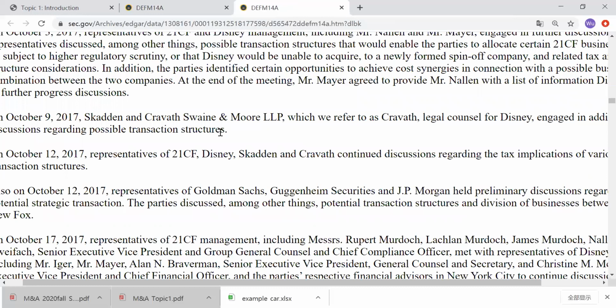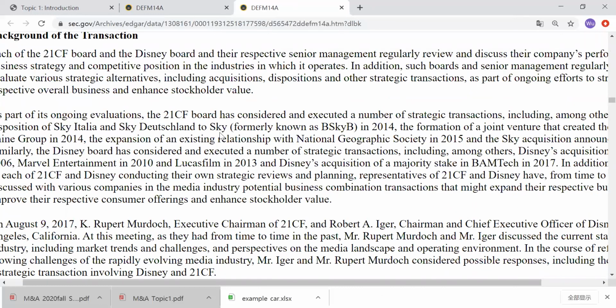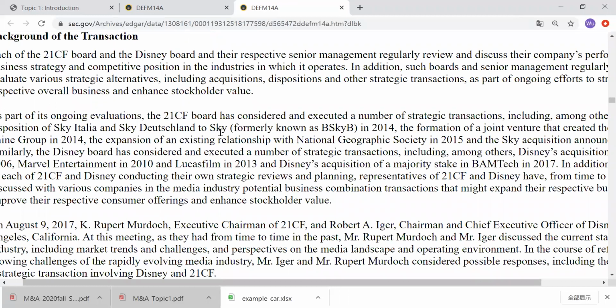Another example here is the acquisition of 21st Century Fox by Disney. 21CF is a short abbreviation for 21st Century Fox.